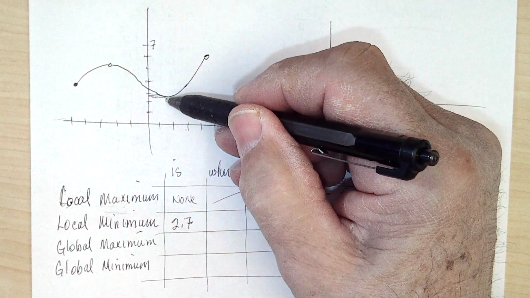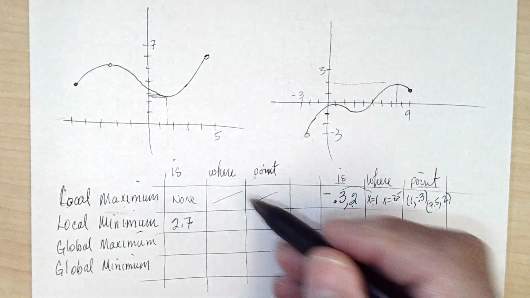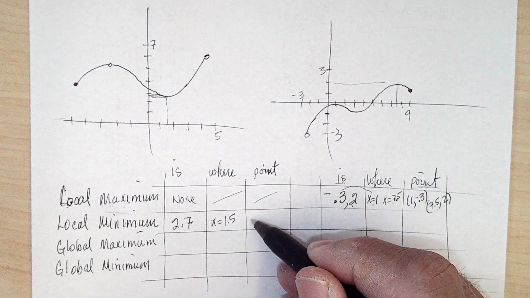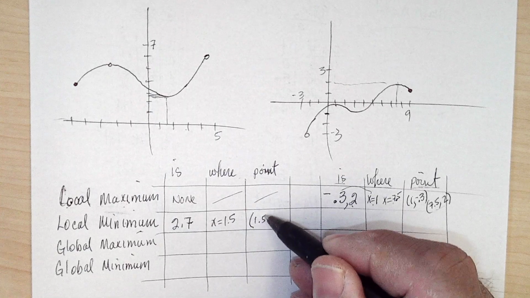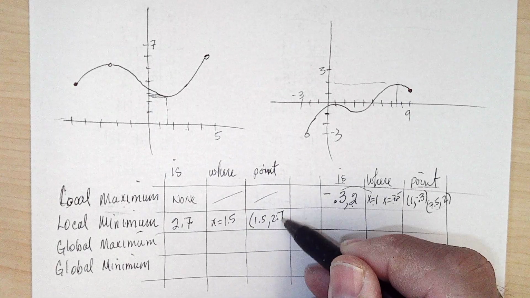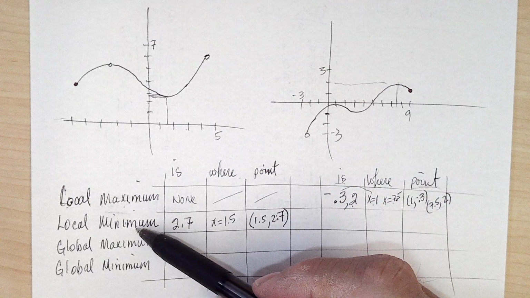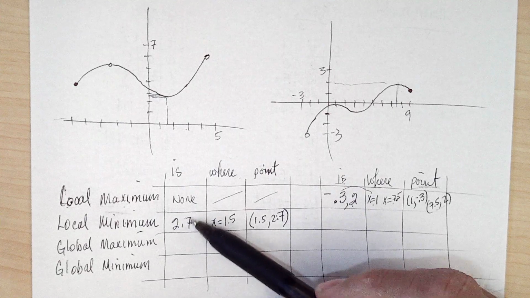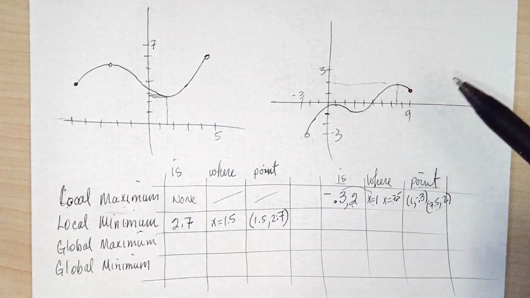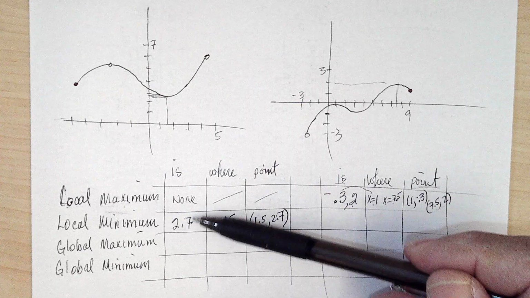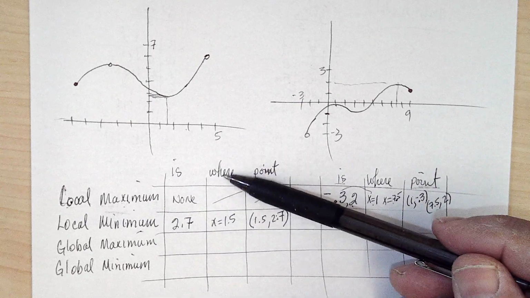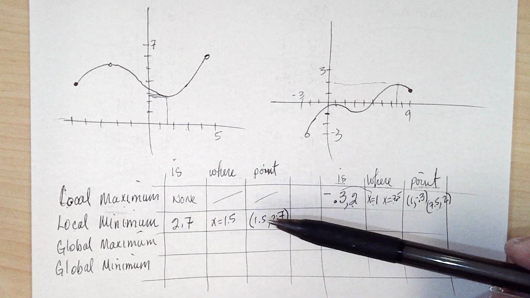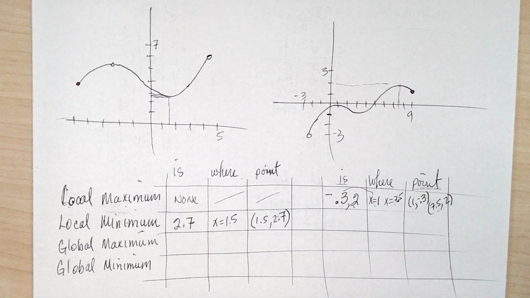Where does it happen? Well, at about x equals 1.5. So the point is at 1.5, 2.7. So if I asked you what is or are the local minimums, you'd be giving single numbers for the heights. If I asked you where, you'd be saying at x equals and tell me all the places. And if I asked you for the point, you give me the coordinates.